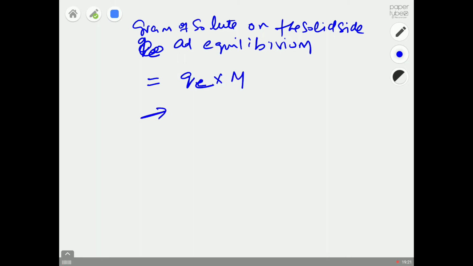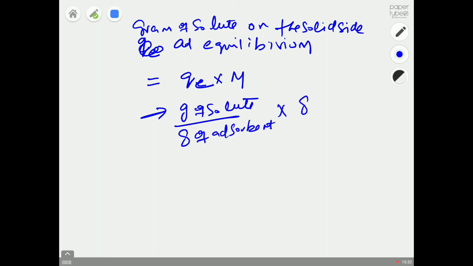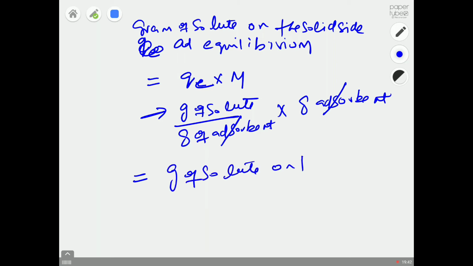QE is expressed in terms of grams of solute divided by gram of adsorbent, multiplied by grams of adsorbent. So the grams cancel, and you will get something in terms of grams of solute on the solid side.